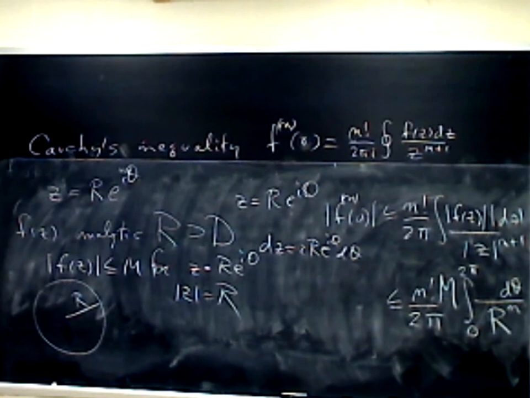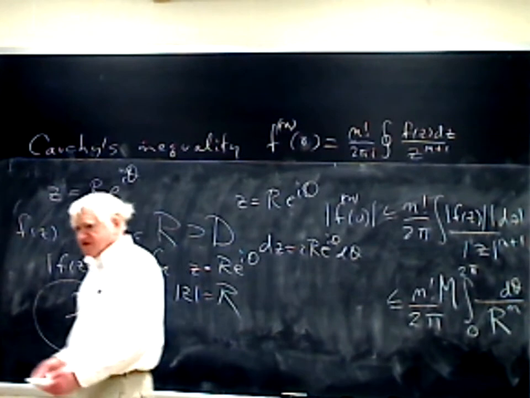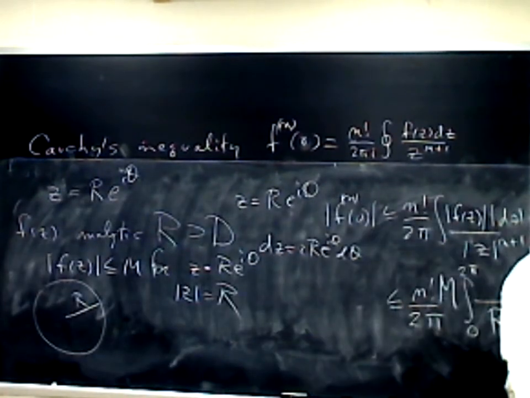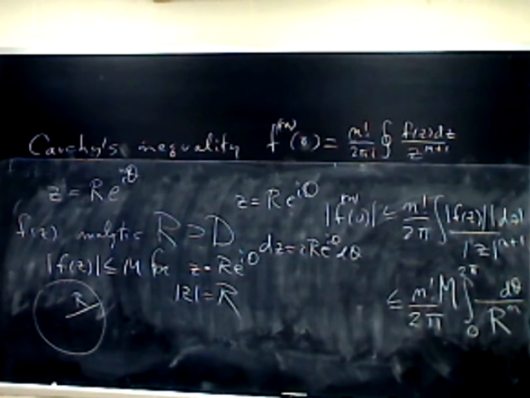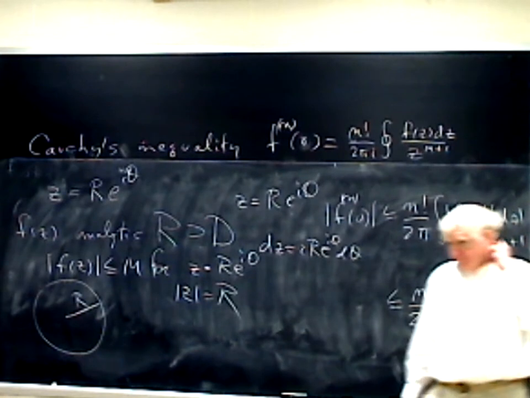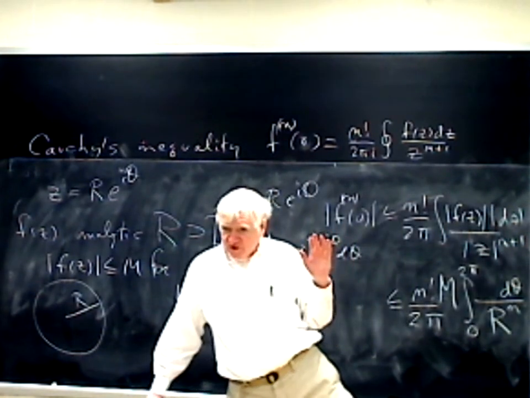And so that is nothing more than f of 0. So in other words, a function that satisfies Liouville's conditions has to be a constant. Any function that's entire and that is bounded outside some circle is a constant. Questions?